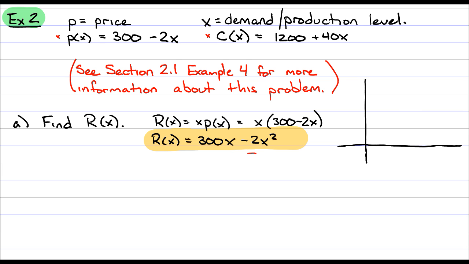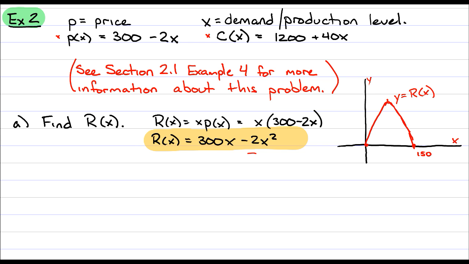If we did sketch it, we would find an x-intercept at 0 and an x-intercept at about 150, and then a vertex up here somewhere. So our revenue function would look something like this, where the x-axis indicates demand and the y-axis, the height of these points, represents revenue.